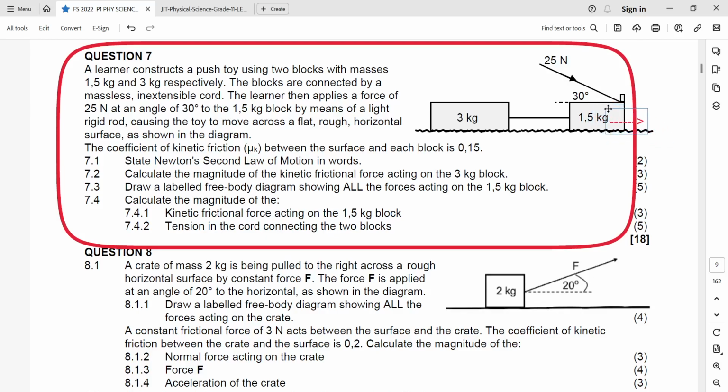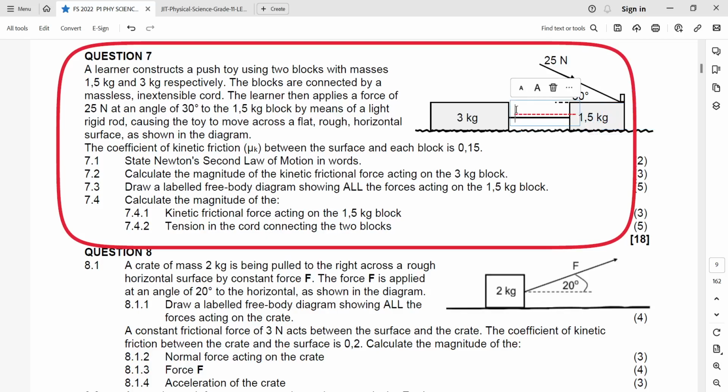So the object is on the horizontal plane, which means it's going like this. If I have to draw my free body diagram, let's assume this is the 1.5 kg block, and this arrow shows that it is going this side on the horizontal plane. I will finish with the applied force.